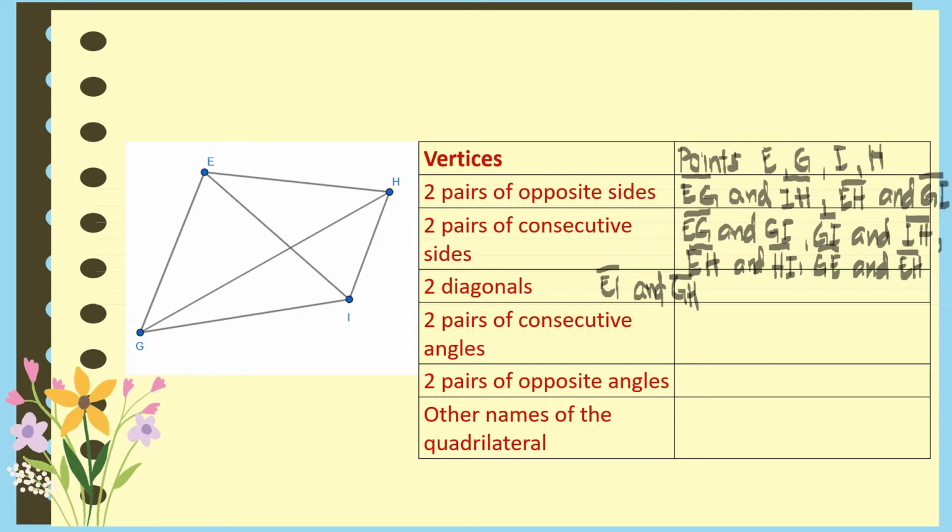Next, two pairs of consecutive angles. So what are the angles here? The angles are angle GEH, angle EHI, angle HIG, and angle IGE.